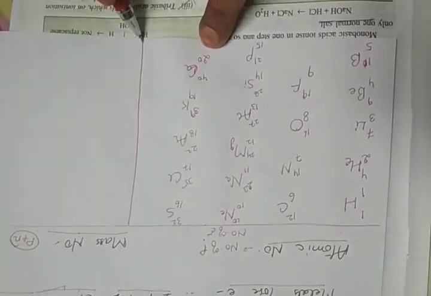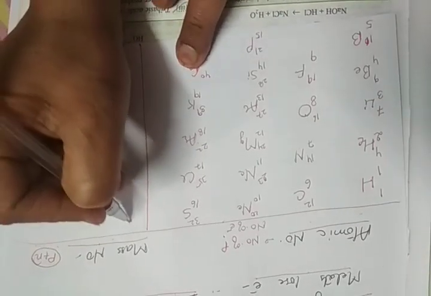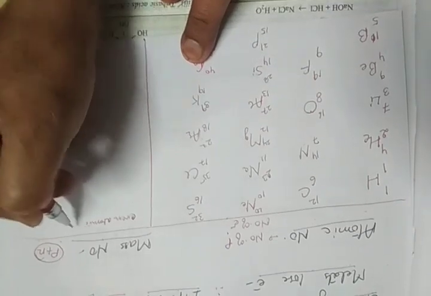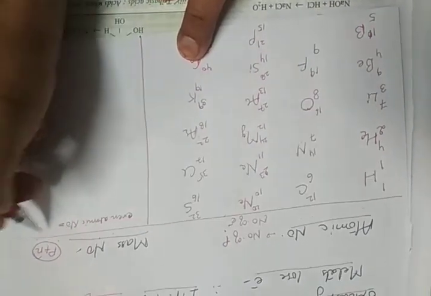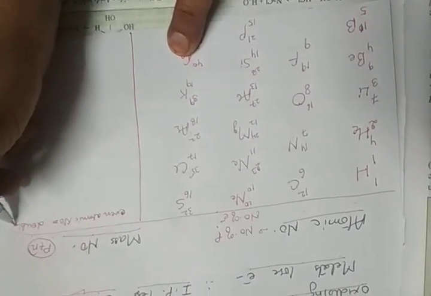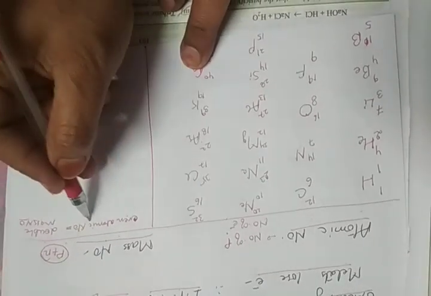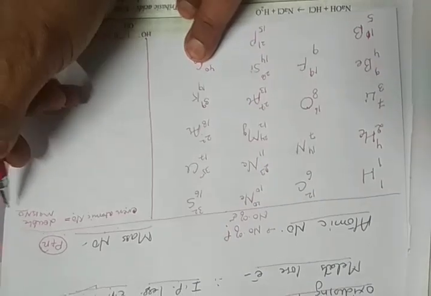The elements which have an even atomic number, their mass number will be just double. Even atomic number, then the mass number will be double.